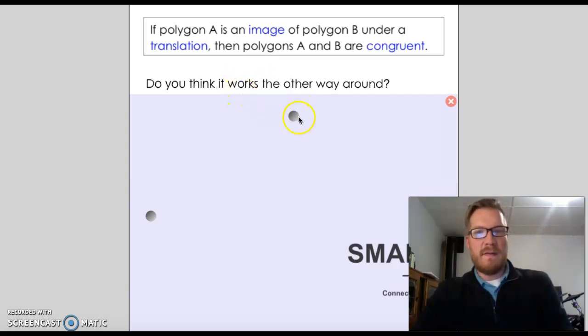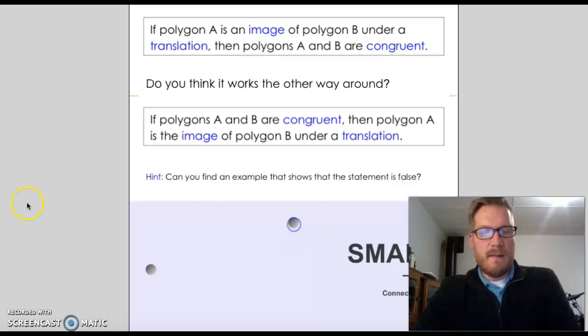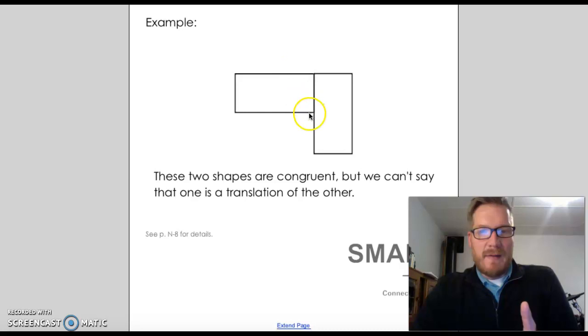The question here says, do you think it works the other way around? If polygons A and B are congruent, then polygon A is the image of polygon B under a translation. So here's an example where that's not true. Here we have two rectangles that are congruent, but we cannot say here that one is a translation of the other.